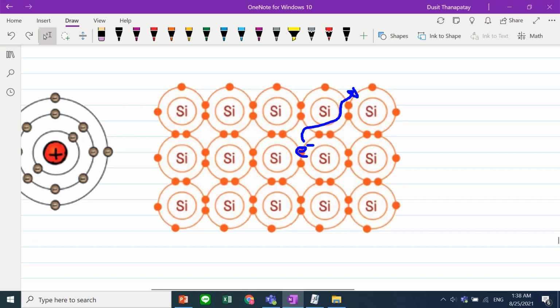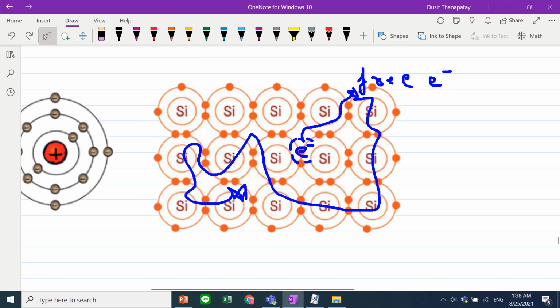It's called a free electron. That means this electron can move to any place in the solid, so now the silicon crystal can conduct some current.